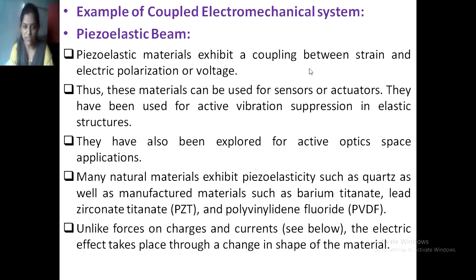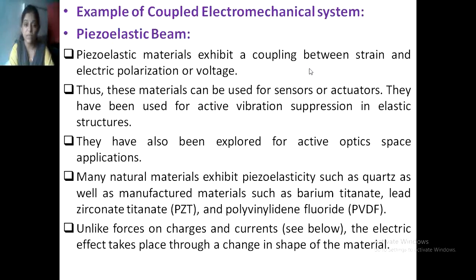Unlike forces on charges and currents, the electric effects take place through a change in shape of the material. So in a piezoelastic beam, the material exhibits a coupling between strain and electric polarization, or we can say strain and voltage.